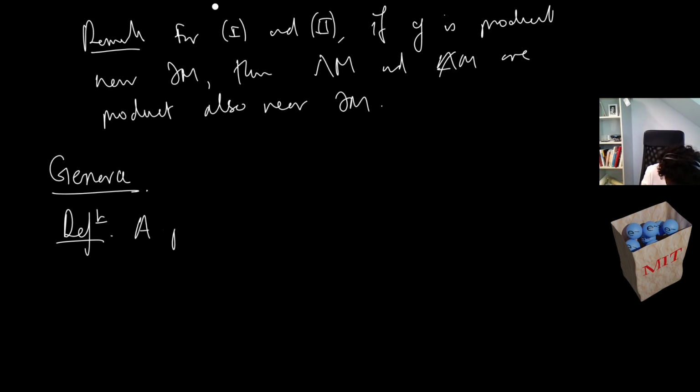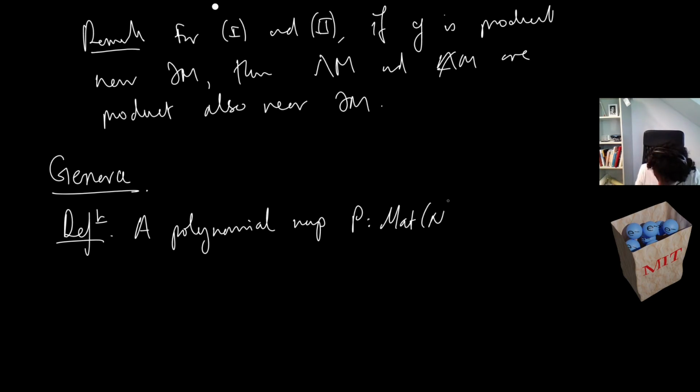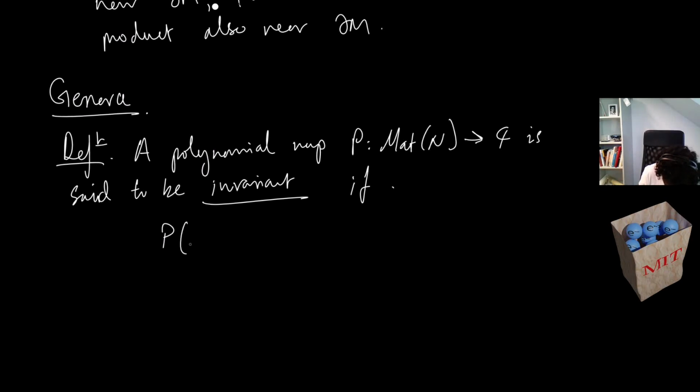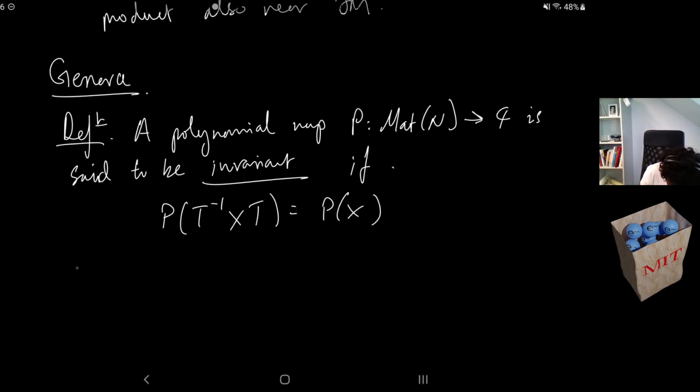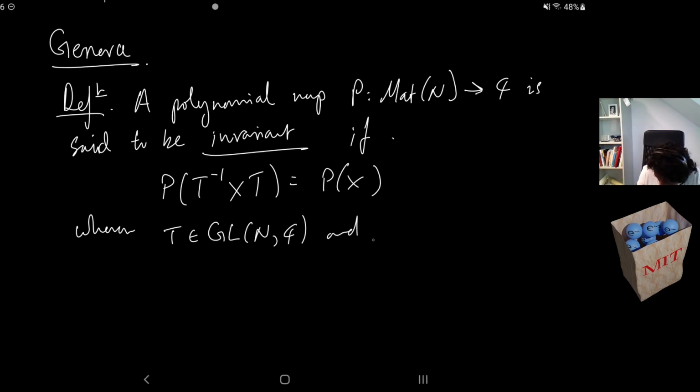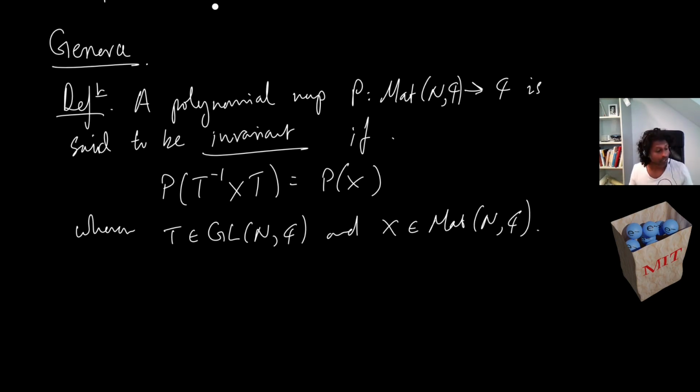A polynomial map from the matrices which are n by n, complex valued, to C is said to be invariant if for invertible matrices the following holds, whenever T is in the general linear group, and X is in the n by n complex matrices. Okay.